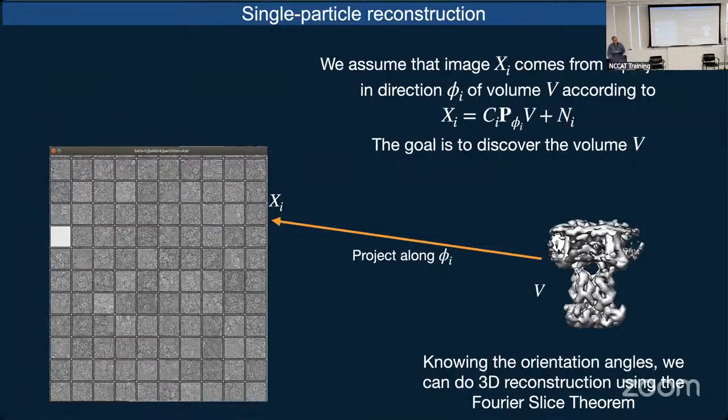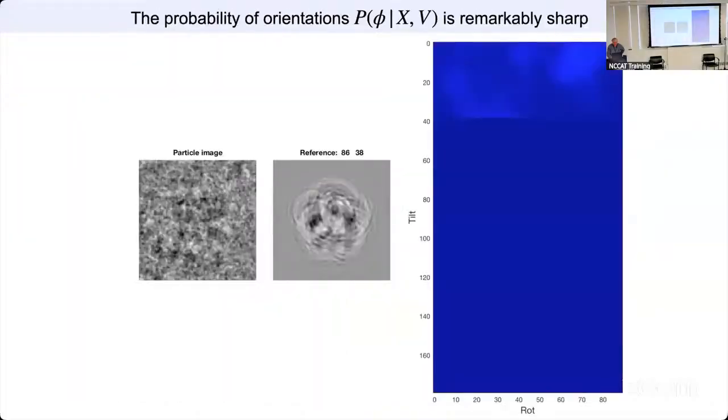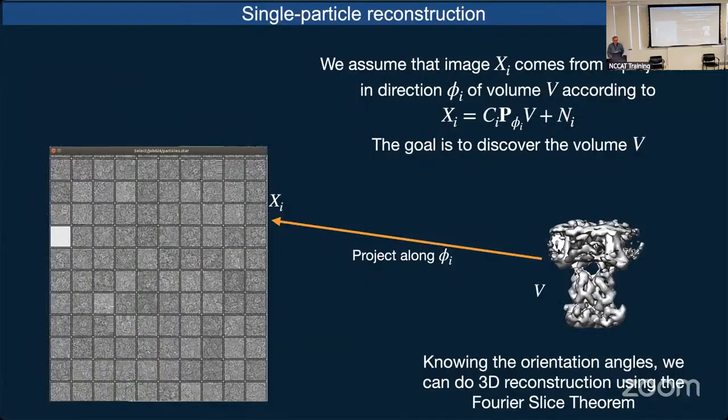Now we can do this also in 3D, and that is the 3D reconstruction process. We have some kind of estimated volume. We assume a projection direction, this phi, which is the Euler angles of orientation of this volume in space. We compute a projection, and we're saying a given experimental image is a projection of the original object modified by the CTF with random noise added.